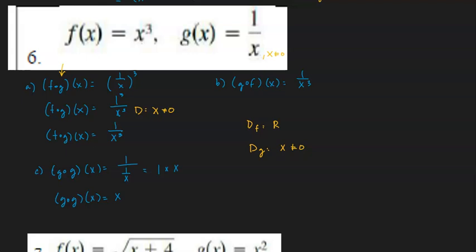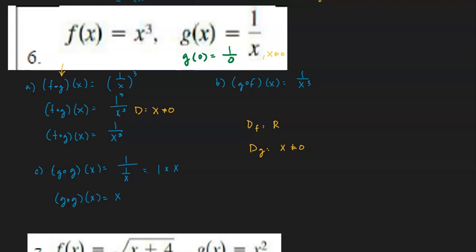Okay, initially, from the beginning, when we put in 0 into this function right here, g of 0, we get an undefined. So depending on which function is the input function, then we know that initially x cannot be equal to 0.